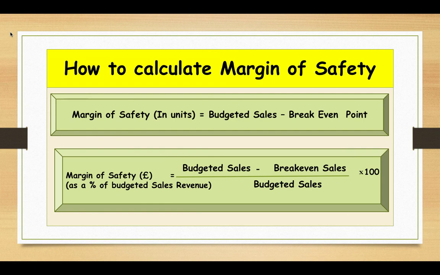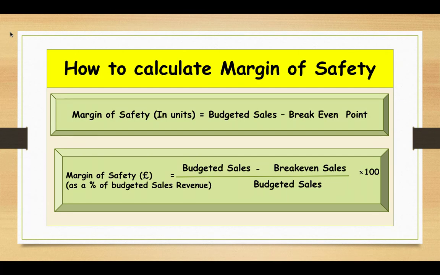We are going to see how to calculate margin of safety. Margin of safety can be calculated either in units or as a percentage of budgeted sales revenue. Margin of safety in units is budgeted sales in units, take away the break-even point in units.